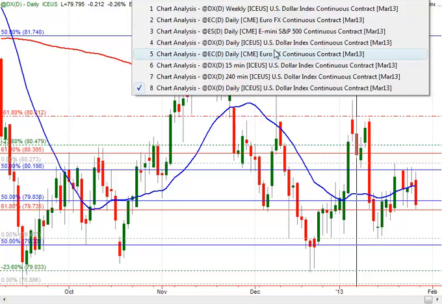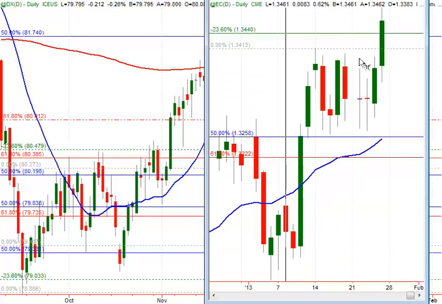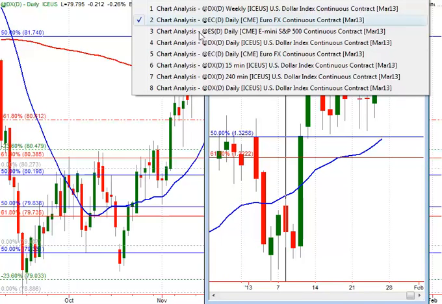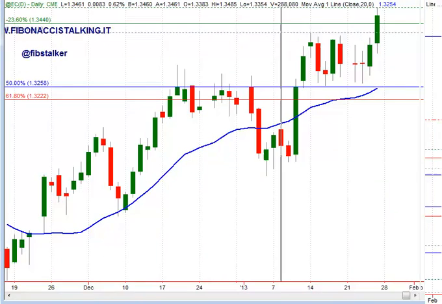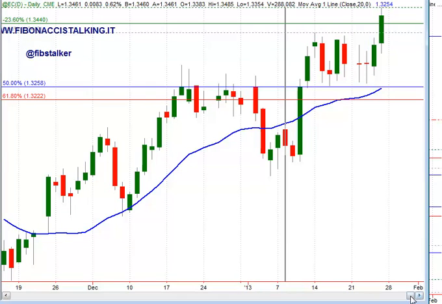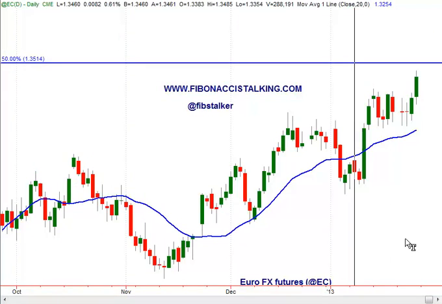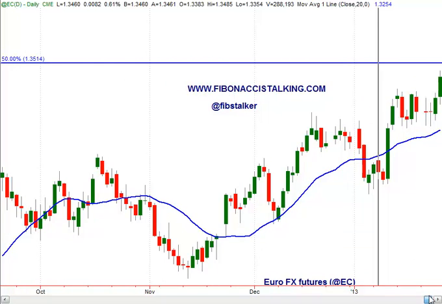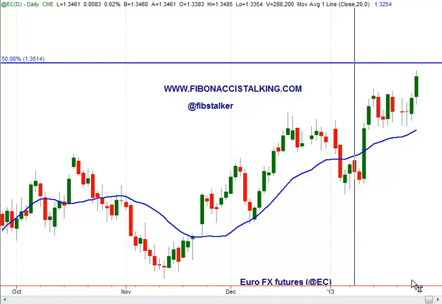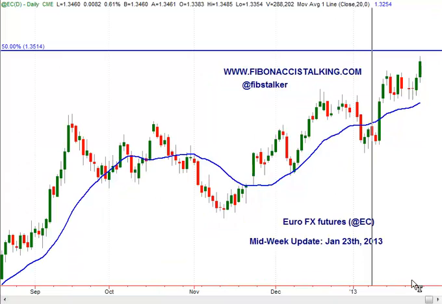Now let's move to the daily chart of the euro. That's what you see on the screen. This is the euro FX currency futures.